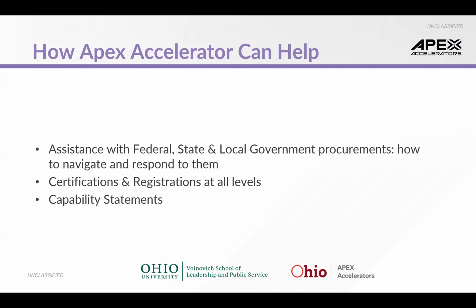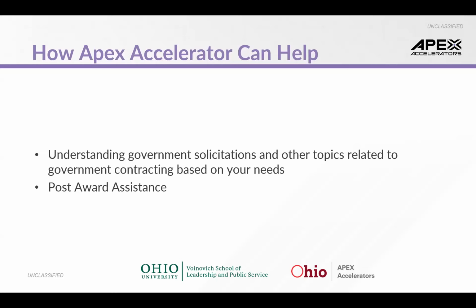We help you with various certifications that are required at all levels, federal, state, and local. We help you understand those government legalese solicitations and understand what they're asking for. Even once you get a contract, we can help you during the performance, like invoicing, trying to make sure you get paid, getting your invoices submitted correctly, and so on.